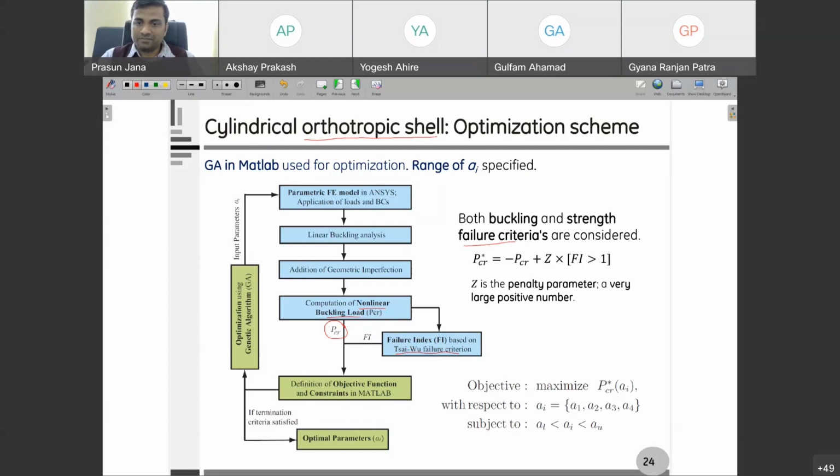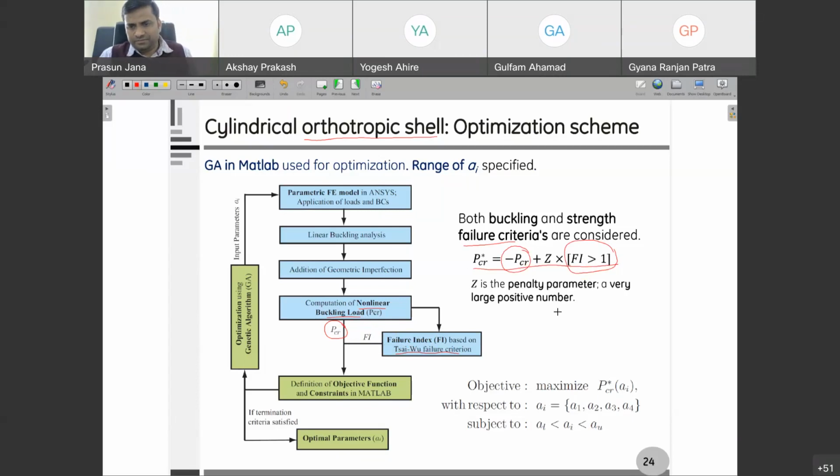So this is again the modified objective function. Here we are trying to minimize this, and also we are trying to discard those designs which have a failure index greater than 1. So it should be less than 1. Okay.